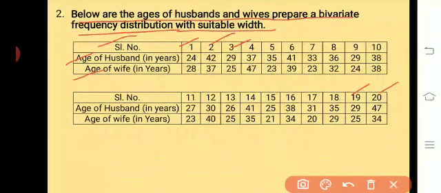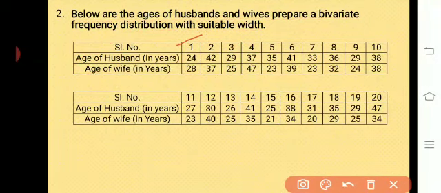You can observe serial number 1, age of husband is 24, age of wife is 28. Serial number 2, age of husband is 42, age of wife is 37. And so on. Serial number 20, age of husband is 47 and age of wife is 34.